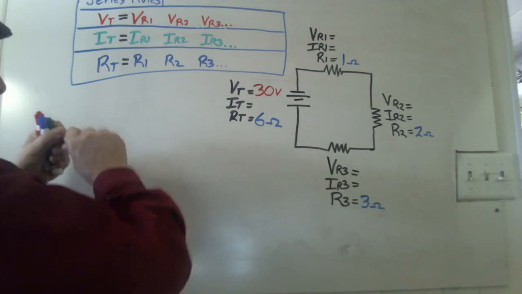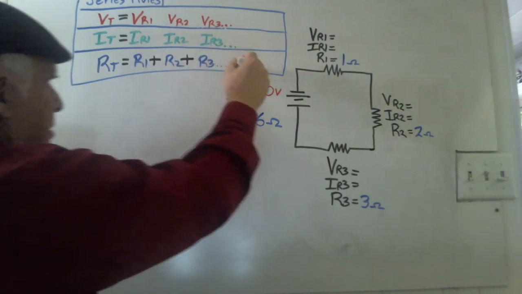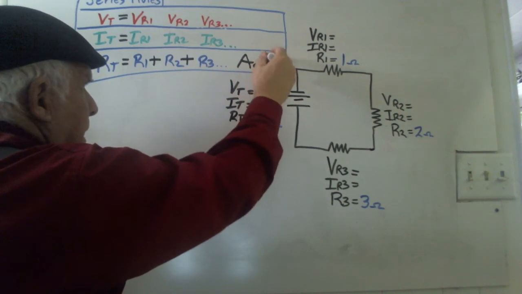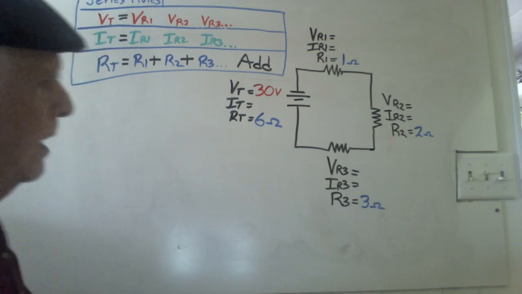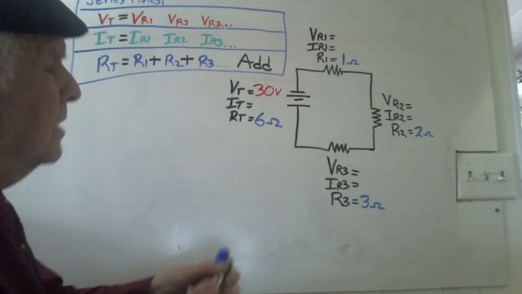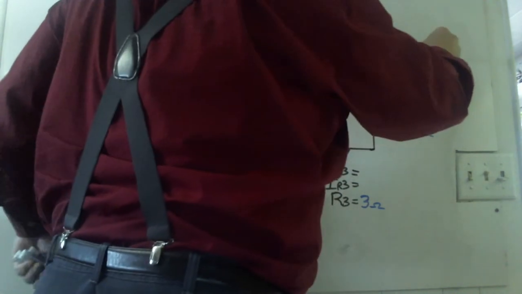So we know that for our total, all we have to do is just add. And that's how we got this. Now, we are already somewhat familiar with Ohm's law, which I'll put up again.